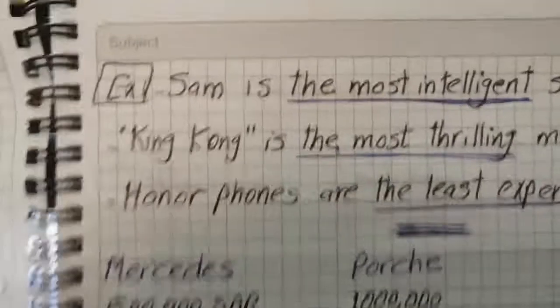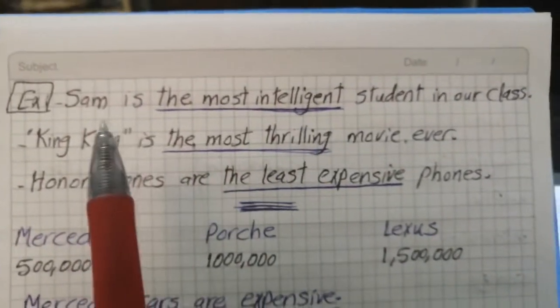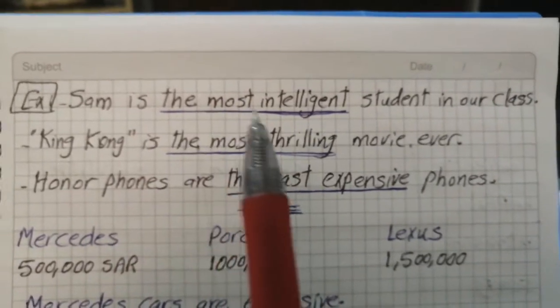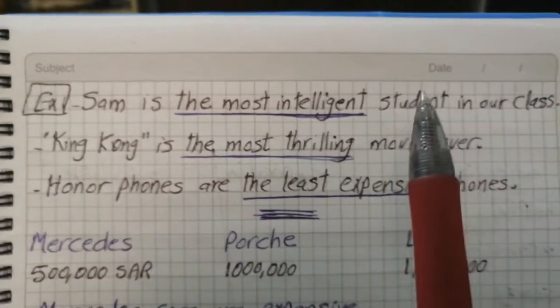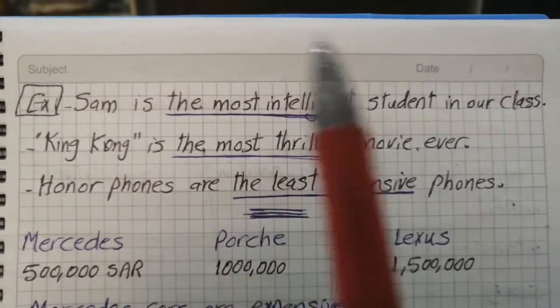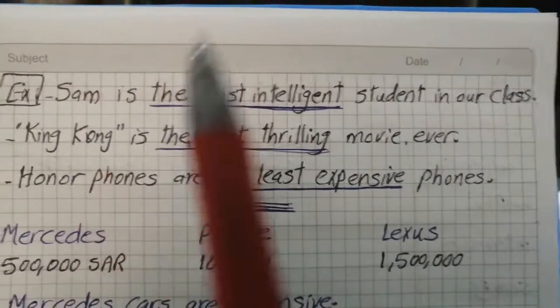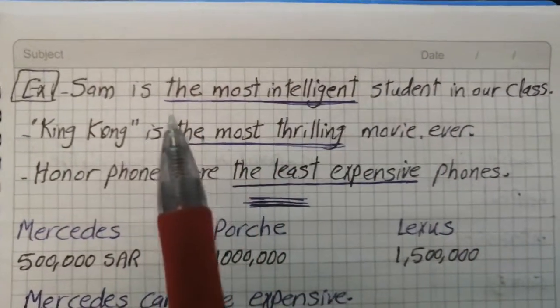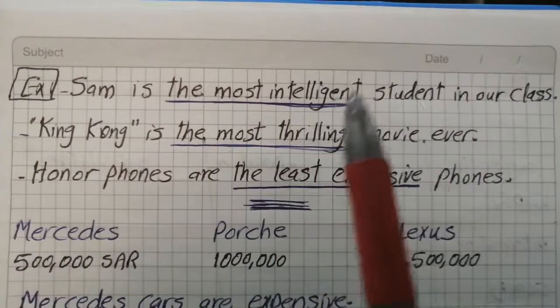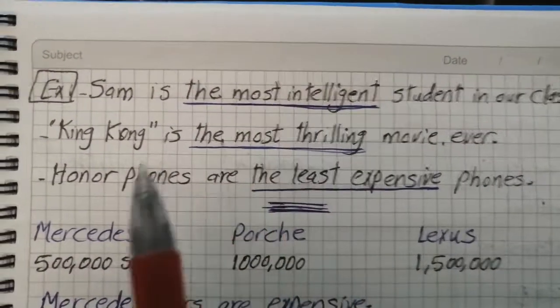For example, if I say Sam is the most intelligent student in our class, I'm comparing Sam and the whole class. I'm not comparing between two here, but Sam to all the students in the class. So Sam is the most intelligent student in our class. I just add the most before the long adjective.